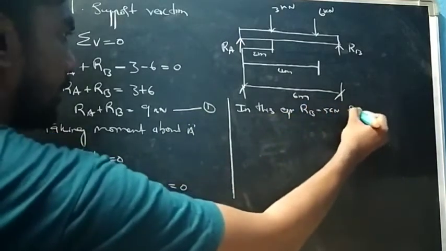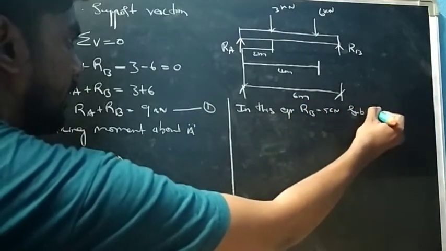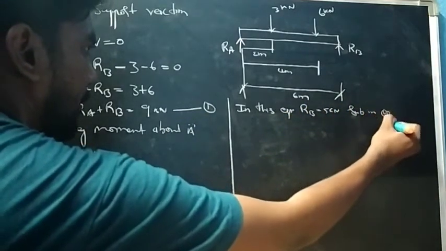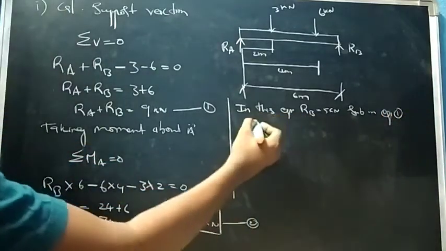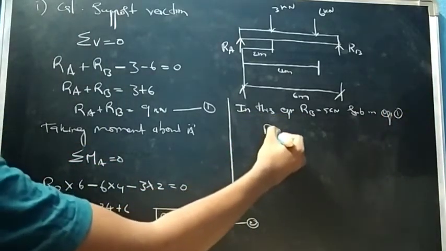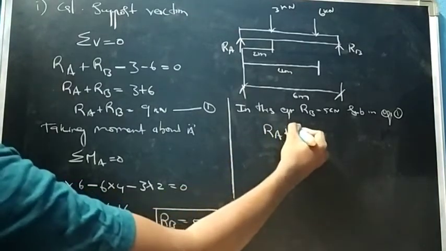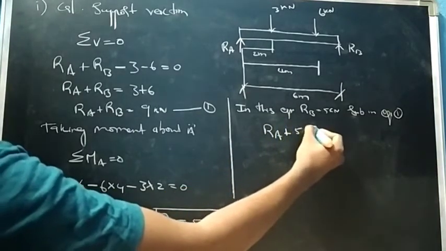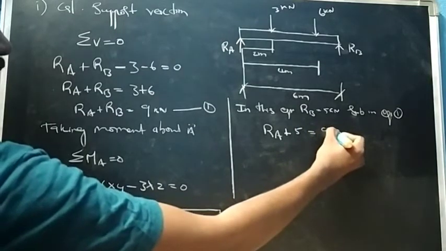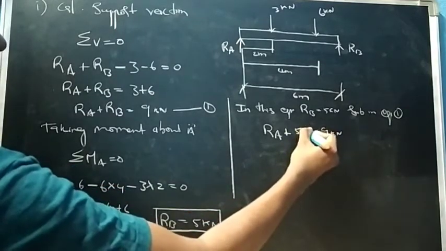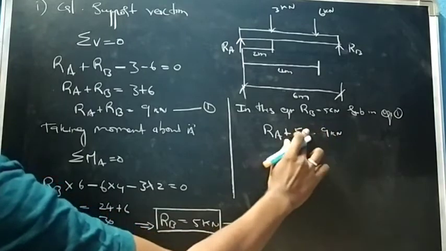Substitute this value in equation 1. So that will be RA plus 5 kilonewton equals 9 kilonewton, right?